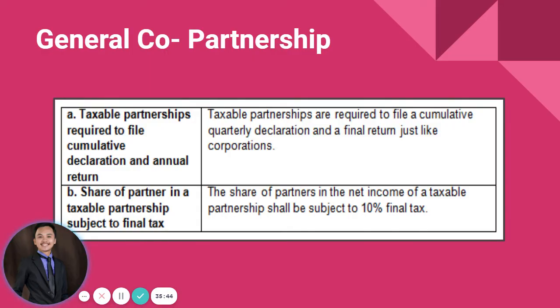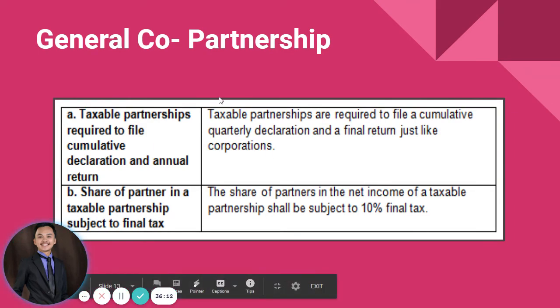And at the same time, any share of any partner in the distributable net income of that general co-partnership will be subjected to 10% final tax if the taxpayer is a resident citizen, non-resident citizen, or resident alien, and 20% if the partner is a non-resident alien engaged in trade or business.